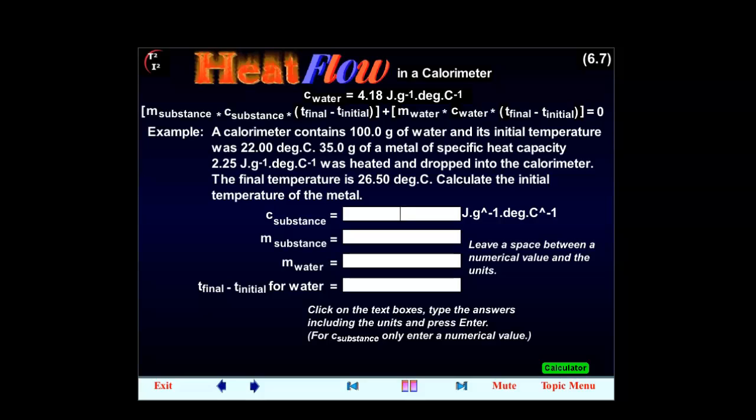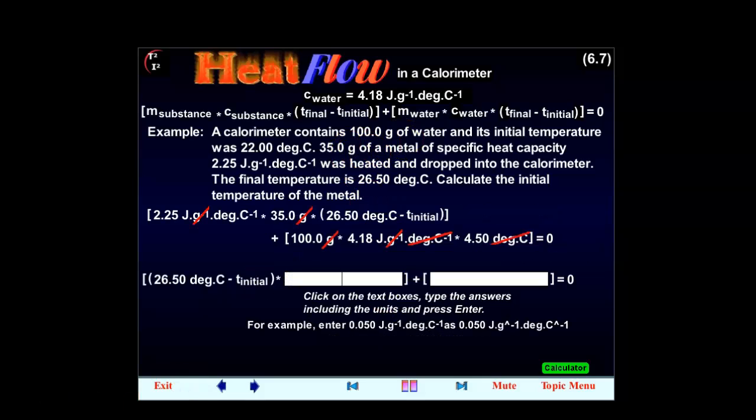Right, this is interactive. You need to supply these values from the question. There you go. So if you do the collection of the data from the question and then substitute into the long formula equation, then you will get something like this. You can see that the grams and the grams all cancel out from both sides.